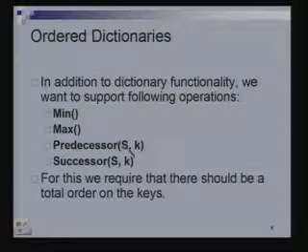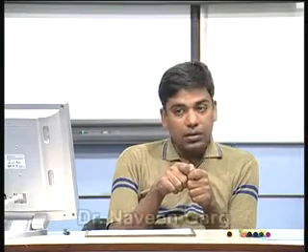What are the parameters you are passing to the predecessor and successor functions? I have just shown S, the ordered dictionary, as one of the parameters. It need not be. You could think of the predecessor as taking only one parameter, which is the particular key. Predecessor of K would mean: give me the key which precedes K in the total order, in the dictionary S. There will be certain keys in dictionary S, so give me the one which precedes the key K and which lies in this dictionary.